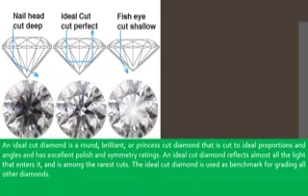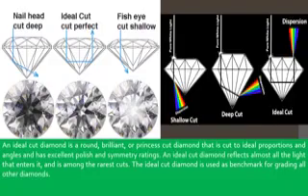An ideal cut diamond is a round brilliant or princess cut diamond that is cut to ideal proportions and angles, and has excellent polish and symmetry ratings. An ideal cut diamond reflects almost all the light that enters it and is among the rarest cuts. The ideal cut diamond is used as a benchmark for grading all other diamonds.